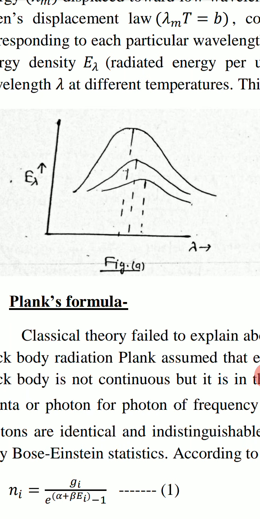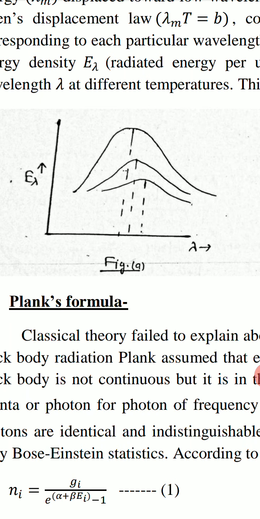Then this E lambda is known as spectral energy density. E lambda, spectral energy density, is equal to energy per unit volume per unit wavelength range.